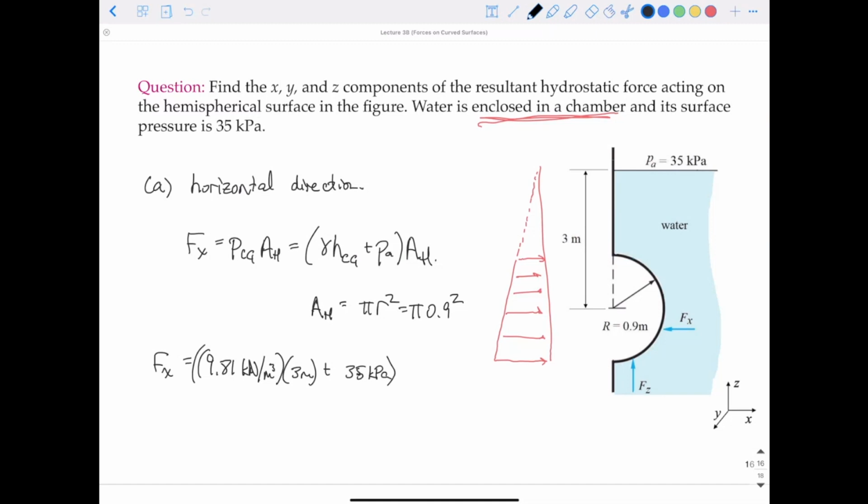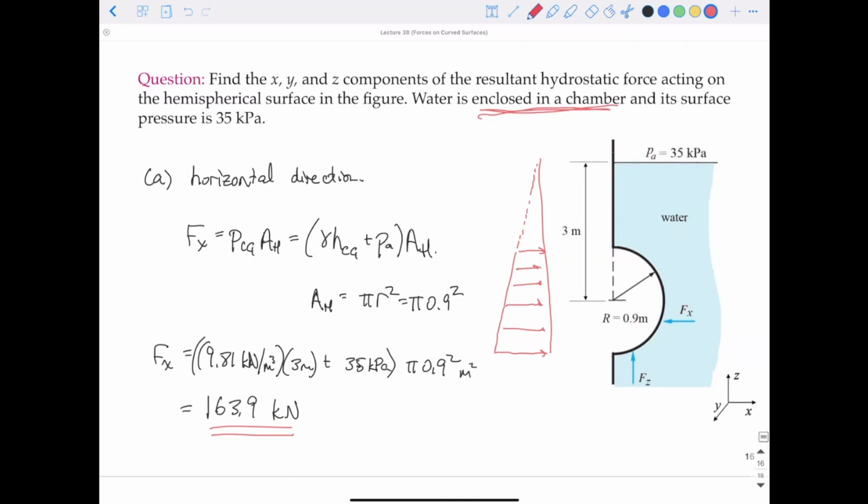And then this whole thing is going to be multiplied by pi times 0.9 squared, in meters squared. So our final answer, if we do this correctly, should be 163.9 kilonewtons. So that is the X component of the force acting on that hemispherical dome.